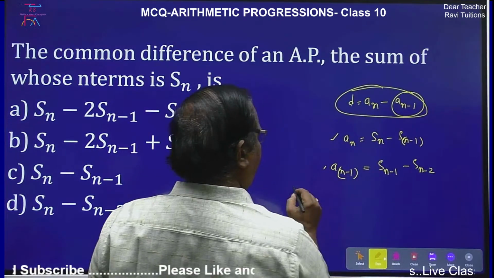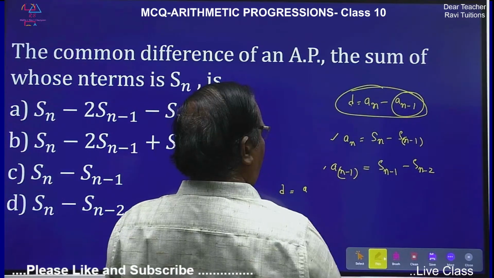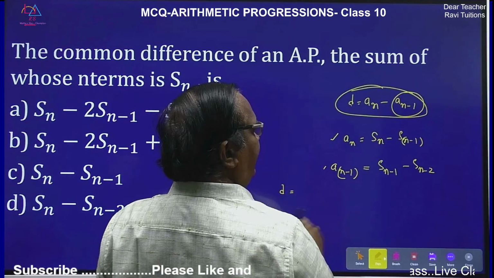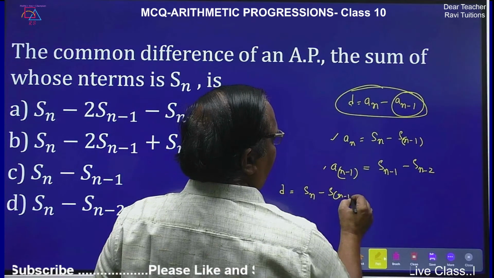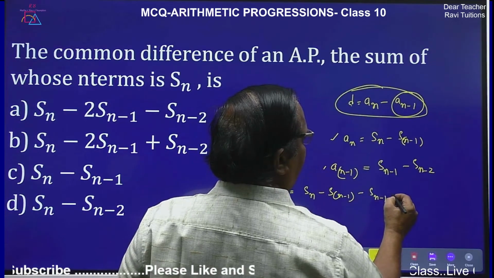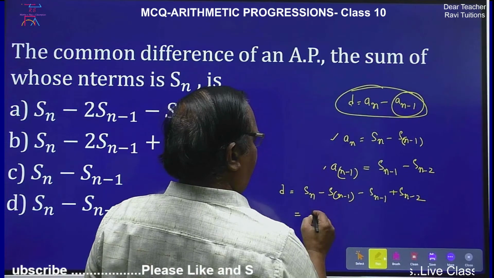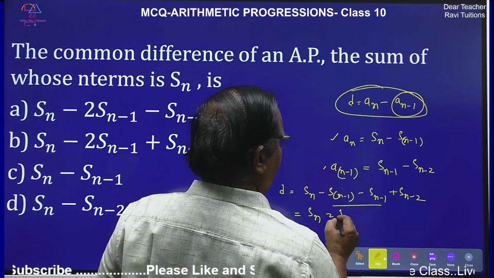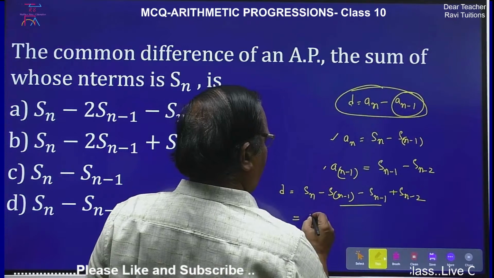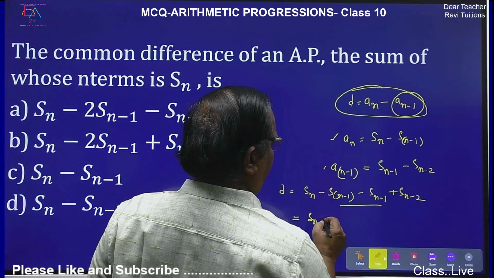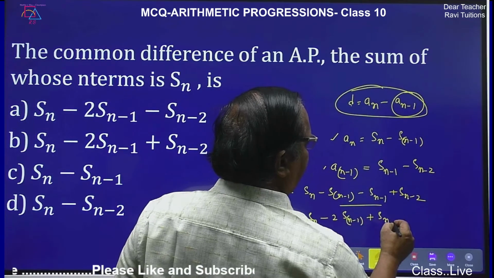So d is equal to an minus an minus 1. Directly we can write Sn minus Sn minus 1 minus Sn minus 1 plus Sn minus 2. Then the two Sn minus 1 terms combine, so it is Sn minus 2 Sn minus 1 plus Sn minus 2.